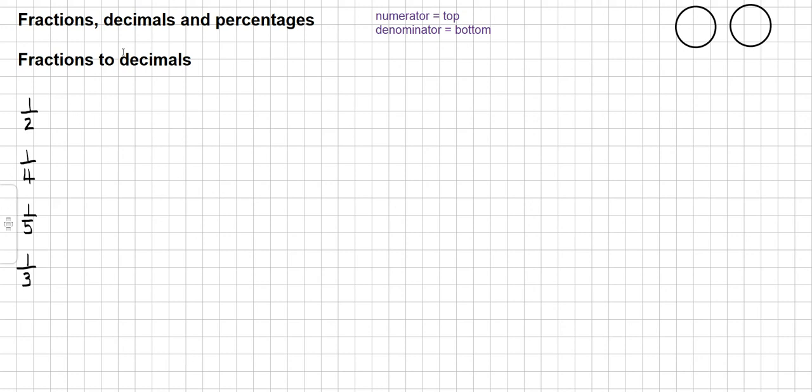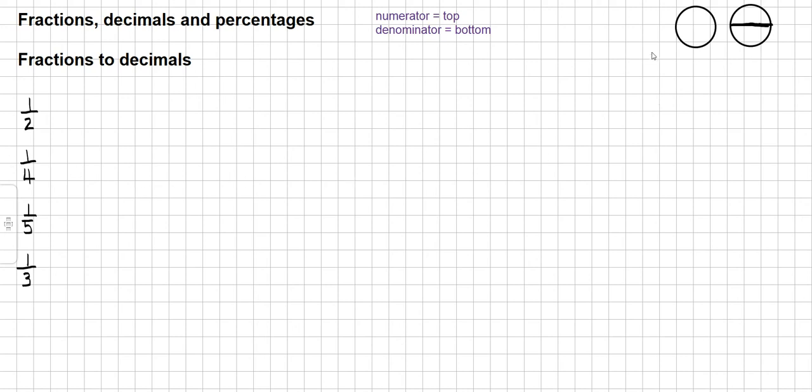We could say half. Here's some circles here. So if I was wanting half of this circle, I could just put a line across the middle. It would have to be cutting it exactly into two parts, and I've created two halves.